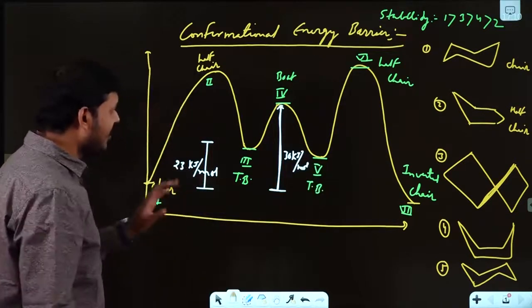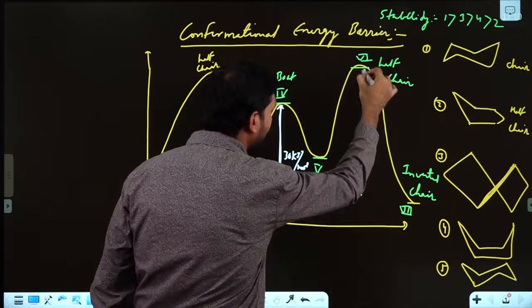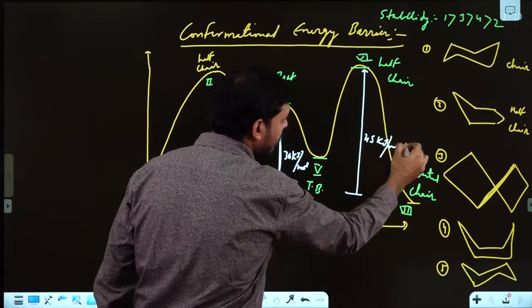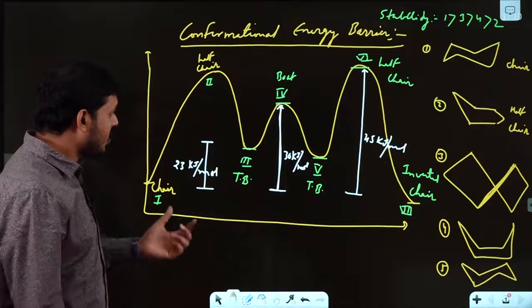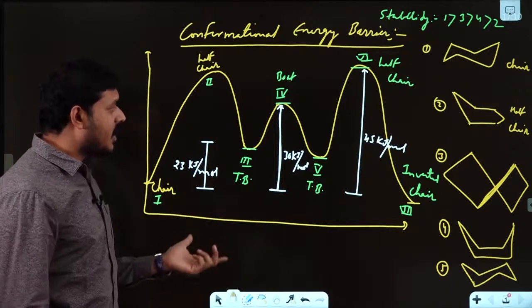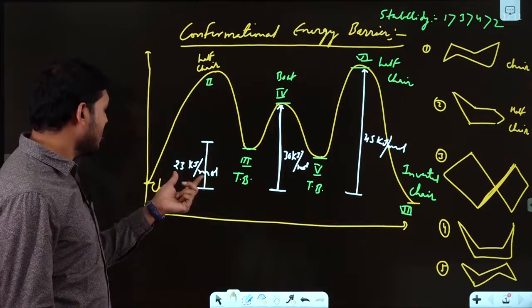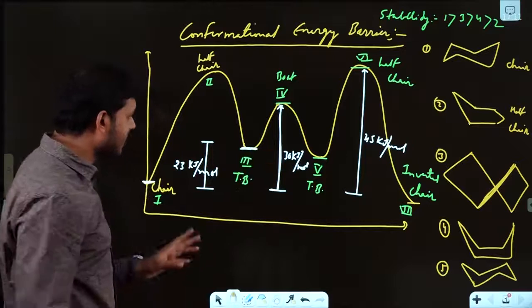Now with respect to chair and half chair, it is approximately 45 kilojoule per mole. So dear students, I think you must note these values and remember them. I'm just telling approximate values. 23 kilojoule per mole with respect to chair and the second most stable, twist boat.